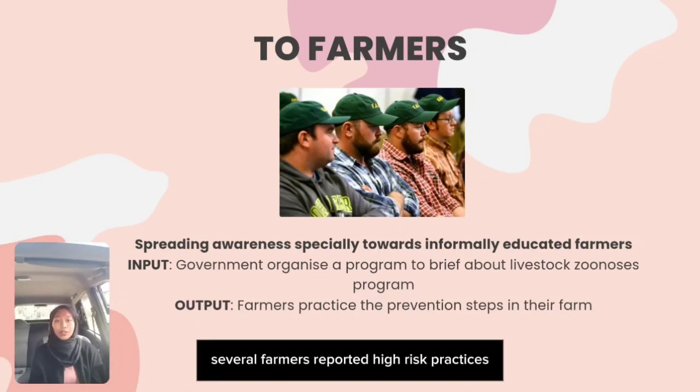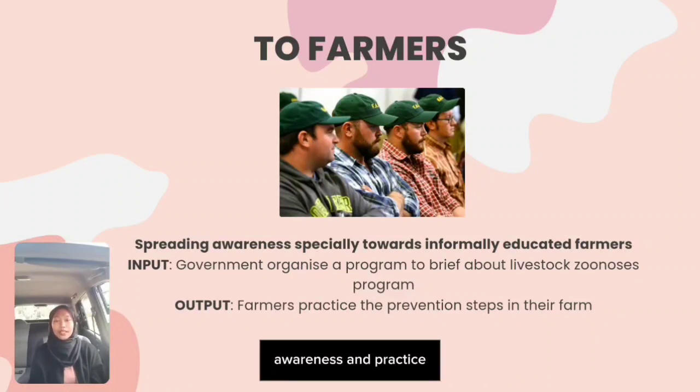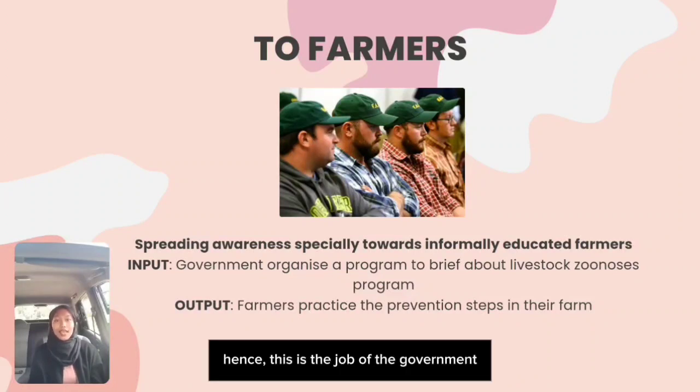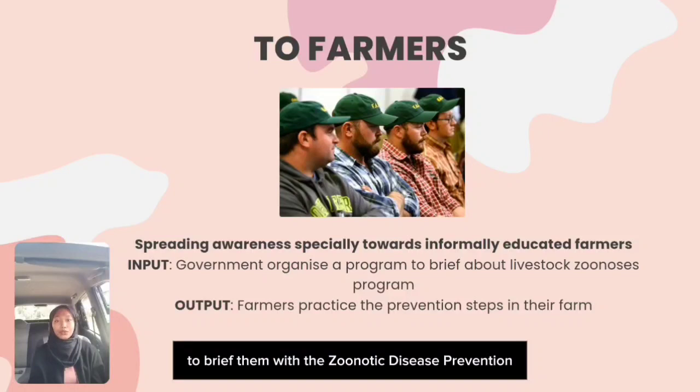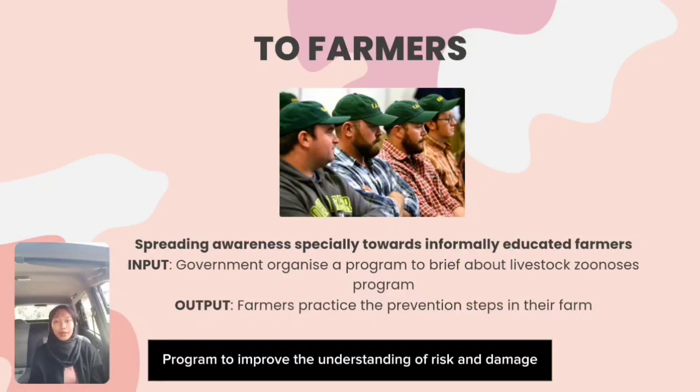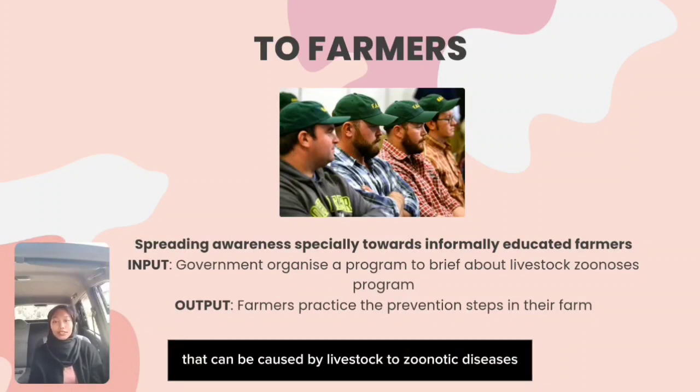Several farmers reported high-risk practices despite being aware of the zoonotic diseases, suggesting a disconnect between the farmers' awareness and practice. Hence, it is the job of the government, such as pharma, to brief them with a zoonotic disease prevention program to improve the understanding of the risk and damage that can be caused by livestock zoonotic diseases.